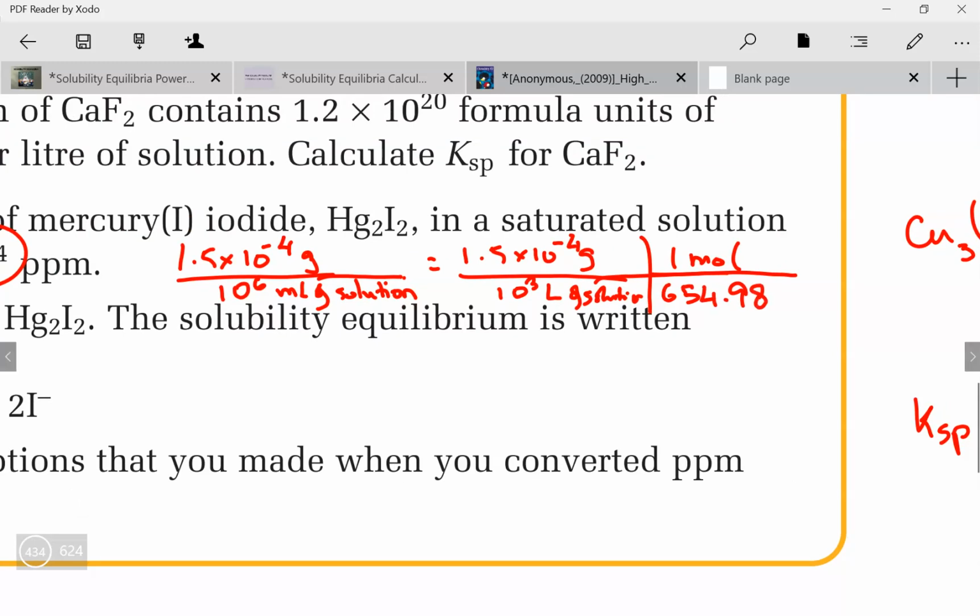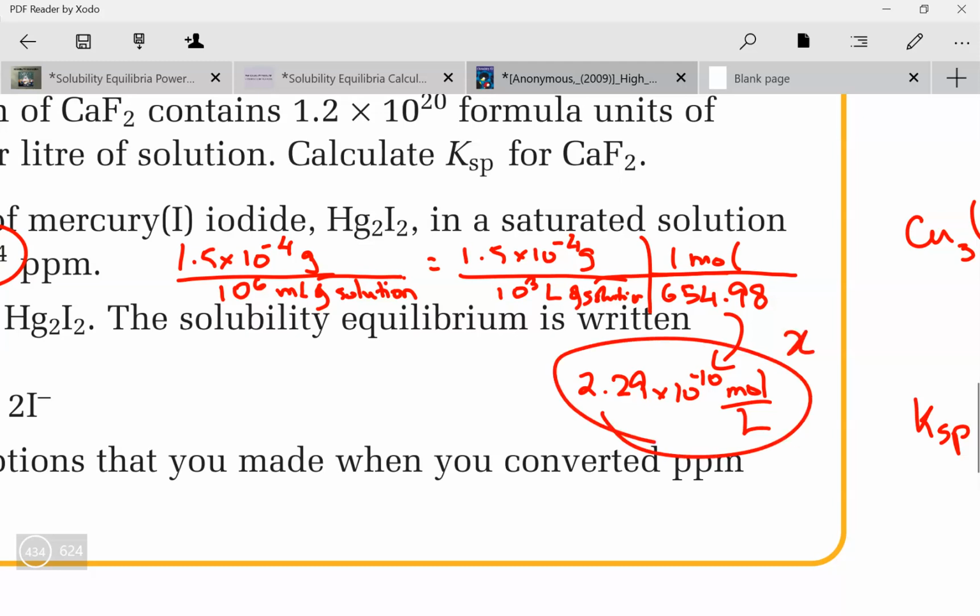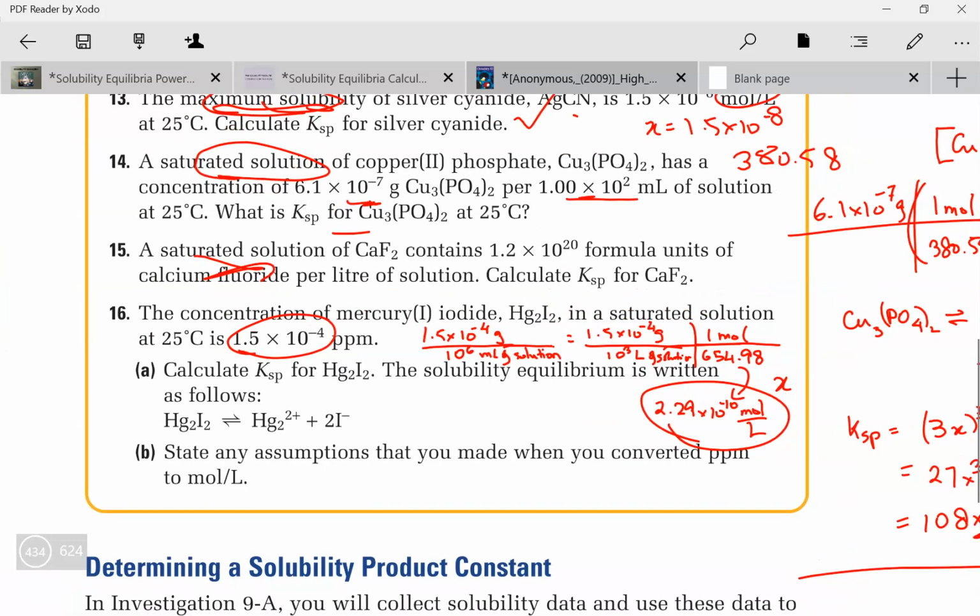So I do 1.5 times 10 to the power negative 4 divided by 1 times 10 to the power 3 divided by 654.98, which gives me a concentration of 2.29 times 10 to the power negative 10 moles per liter, and this is essentially our X. This is our saturated solution, so our molar solubility.